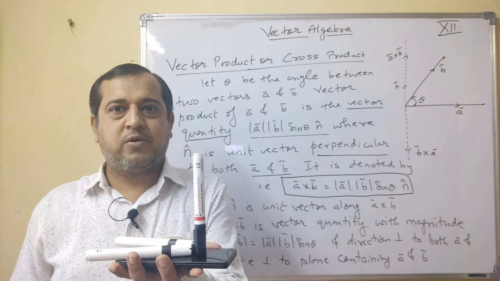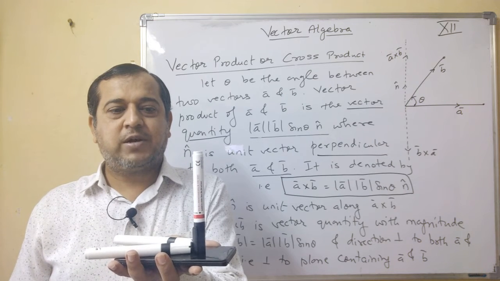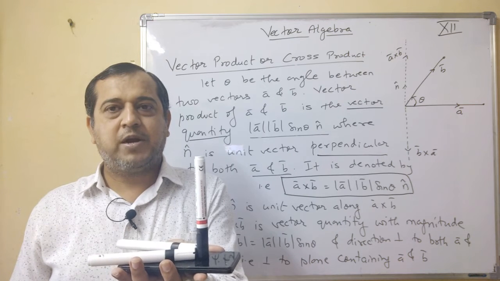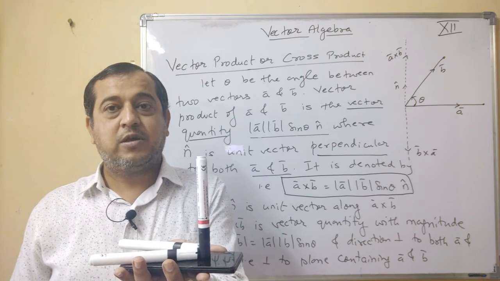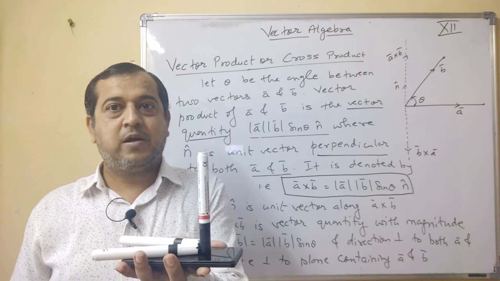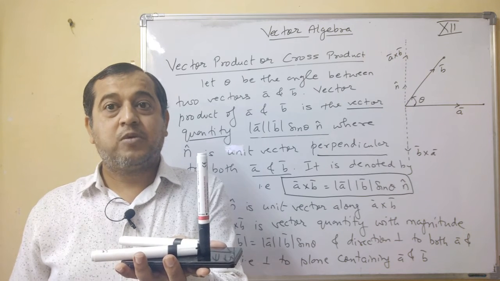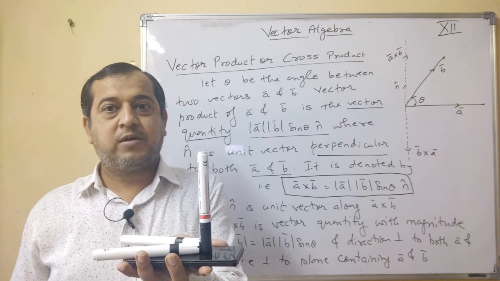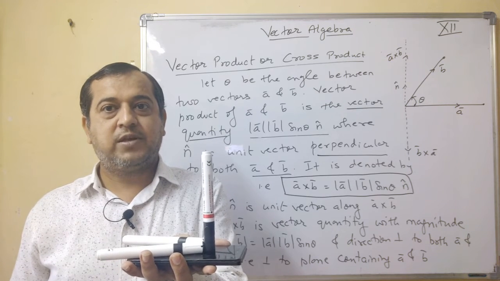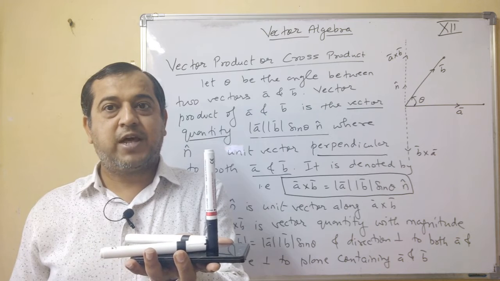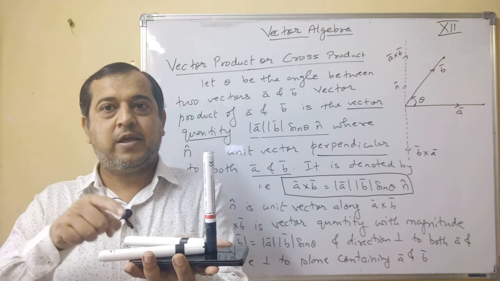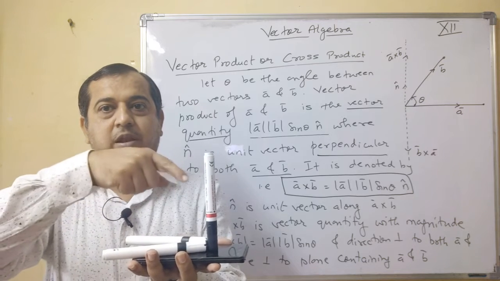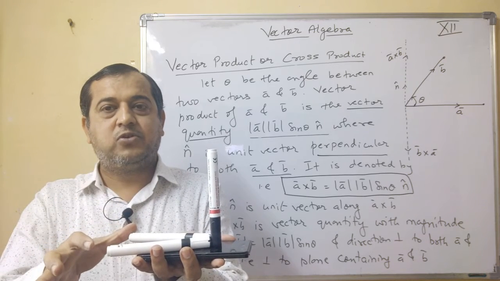You can see this vector A cross B is perpendicular to both markers. In fact, it is perpendicular to the mobile handset on which the other two vectors are placed. So vector A cross B has a direction perpendicular to vector A as well as vector B. In fact, it is perpendicular to the whole plane in which these two are present.